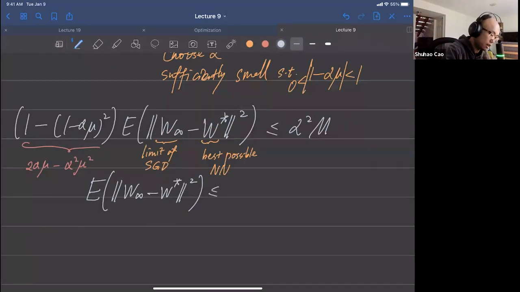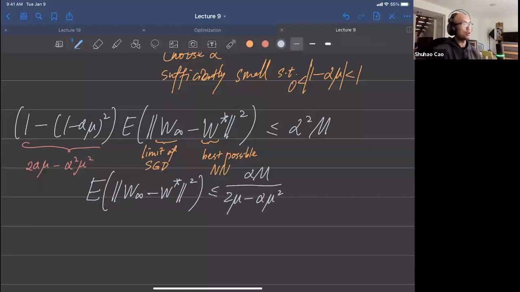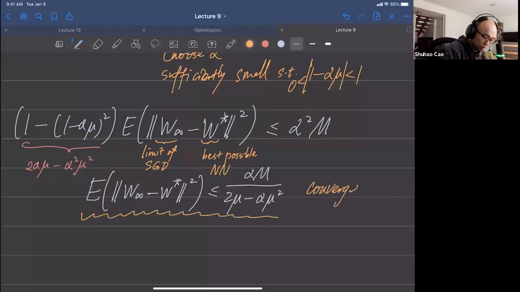And we can actually cancel one copy of alpha, so we'll get the convergence. So this is a convergence.